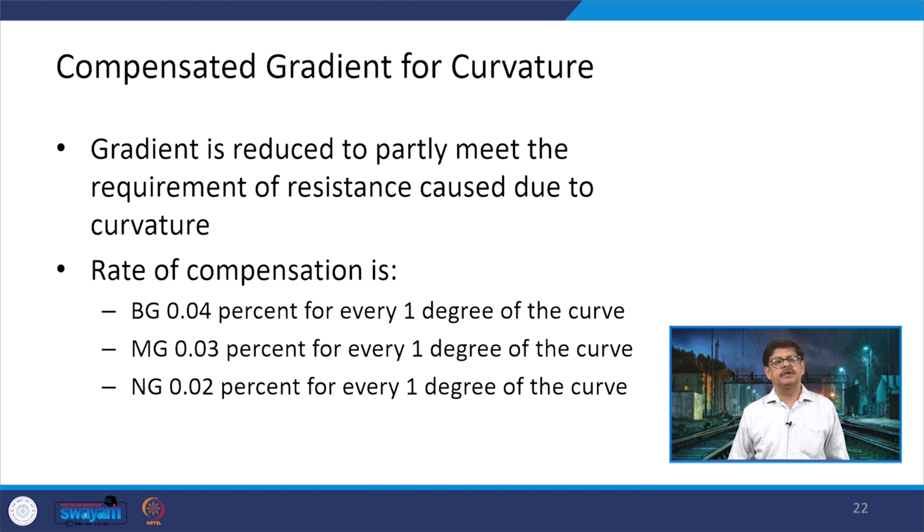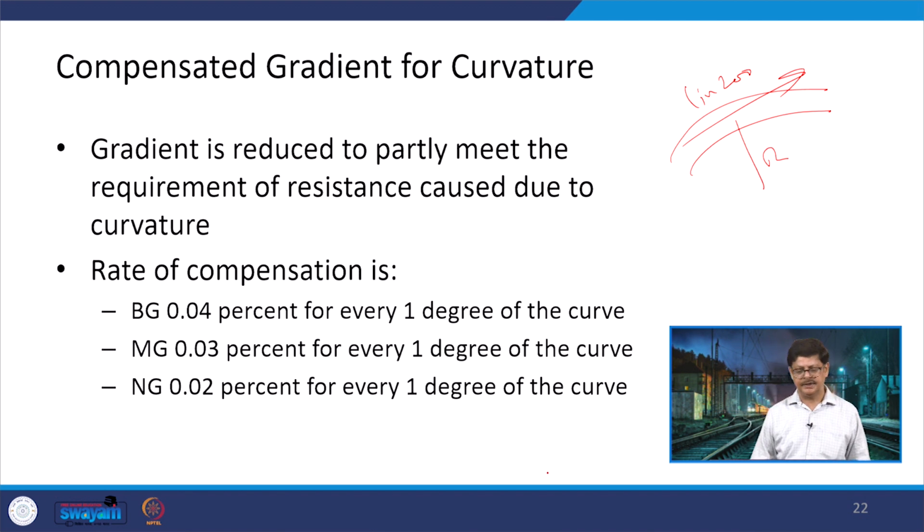Now, another thing which we can discuss is the compensated gradient for curvature. When you are talking about this, what is happening is the track is being laid on a curvature with radius r, but at the same time it is going up or down in some slope, say 1 in 200, 1 in 100, 1 in 50, whatever it is.